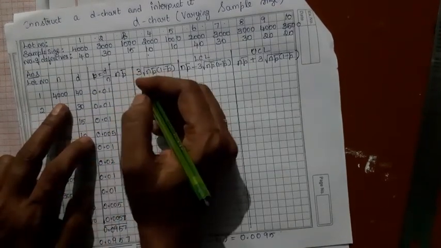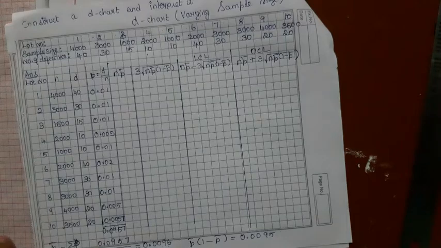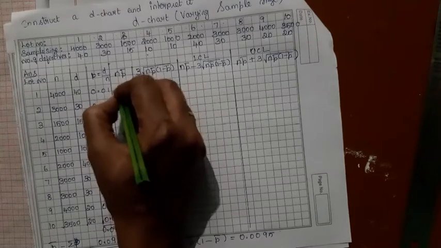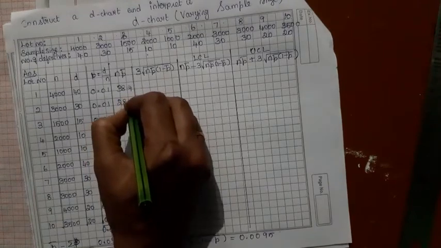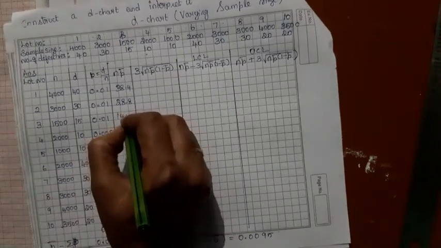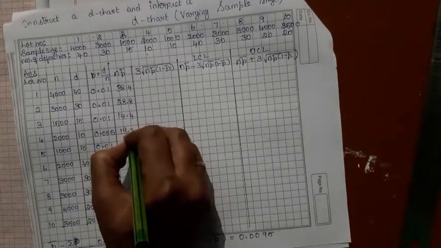For 4000 into 0.0096, you get 38.4. 3000 into 0.0096, you get 28.8, and 1500 into 0.0096, you get 14.4. 2000 into 0.0096, you get 19.2.